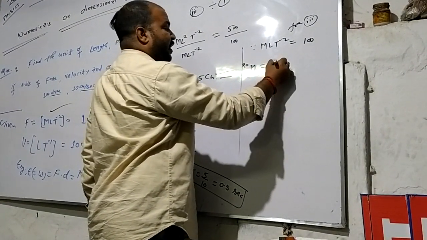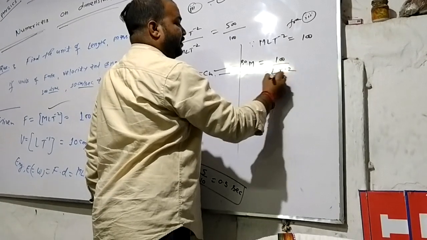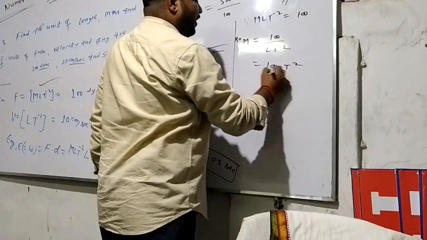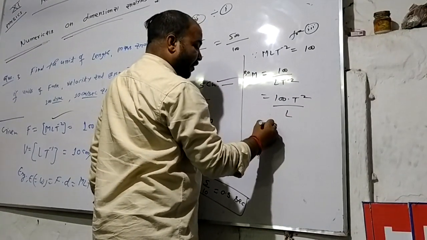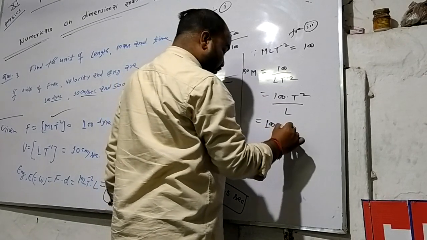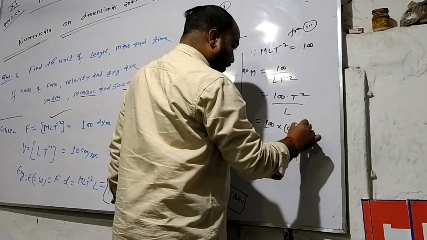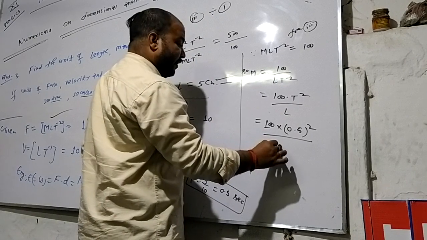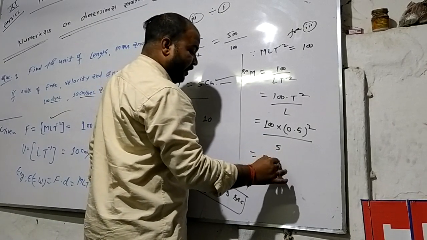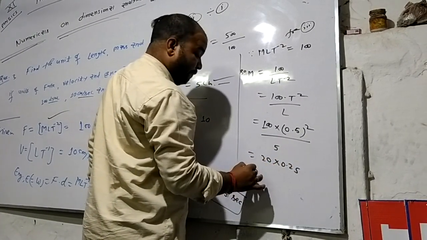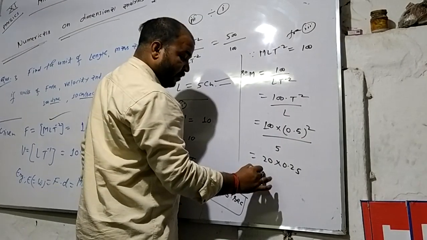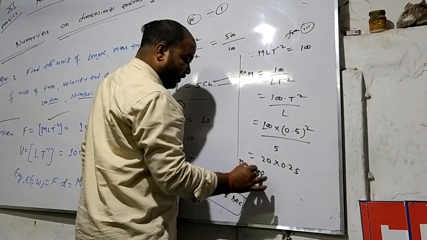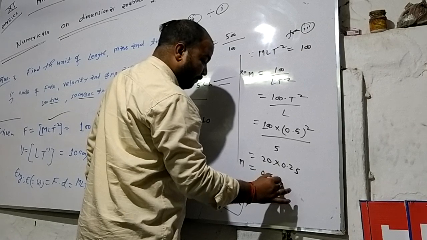So M equals 100 upon LT minus 2, or we can say 100 T square upon L. 100 into T square, 0.5 square, upon length, which is calculated as 5. So we can say 20 into 0.25. So mass is 5 gram.